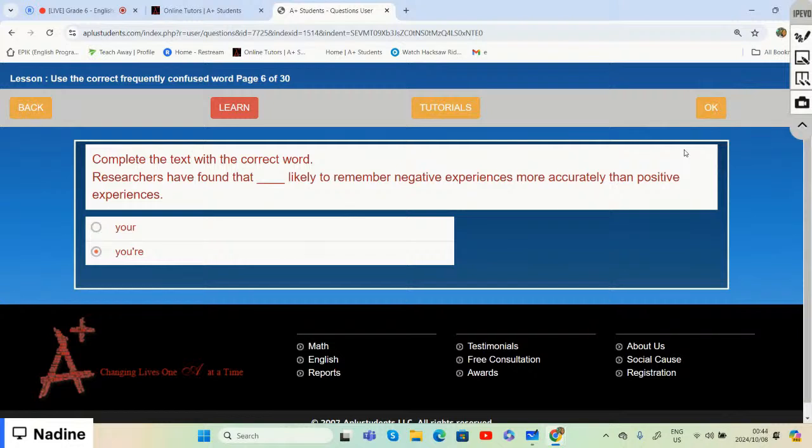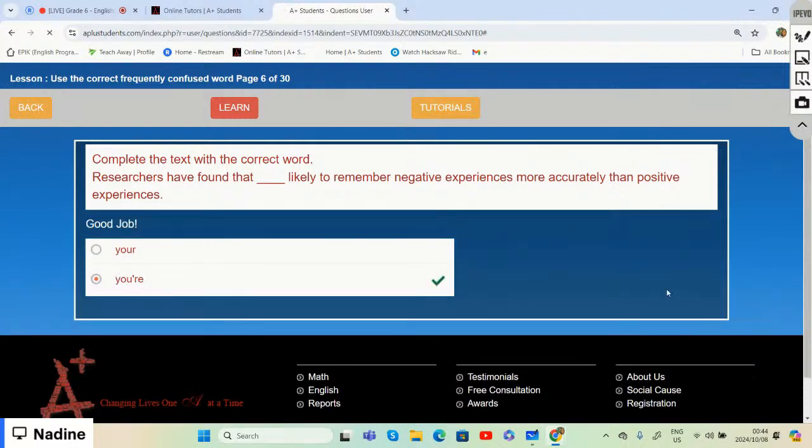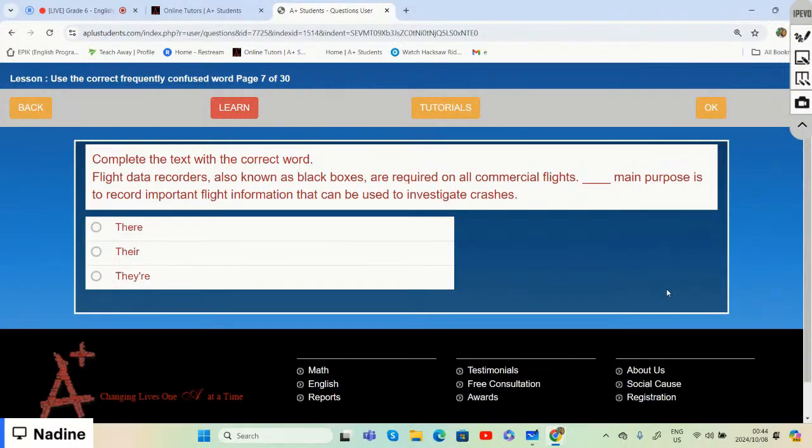So if we read it with you are, we would say researchers have found that you are likely to remember negative experiences more accurately than positive experiences. So this word is a contraction and it means you are. Well done. Option two is correct.